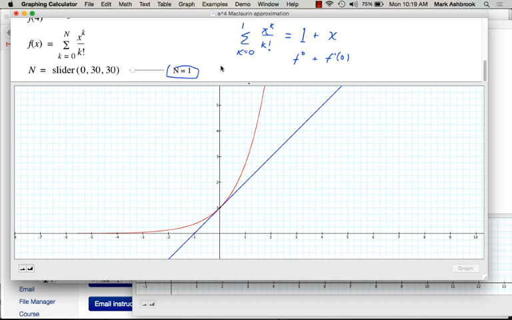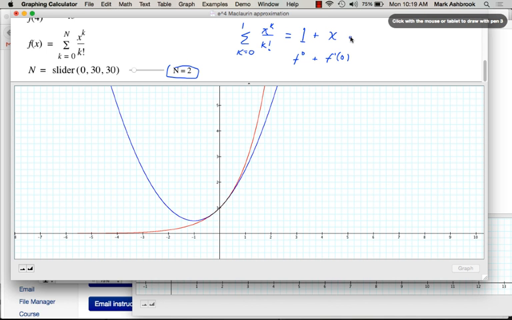1 plus x plus? Is that too many? Yeah. So this is 1 plus x plus what? X squared over 2 factorial. So notice what's happening.